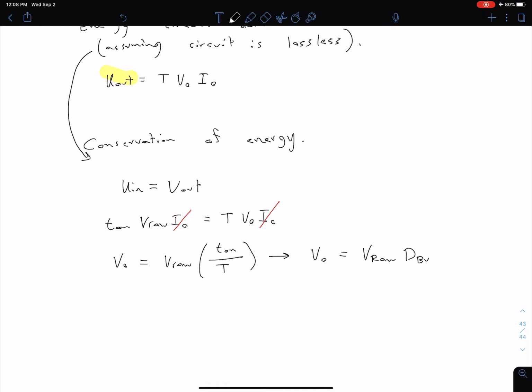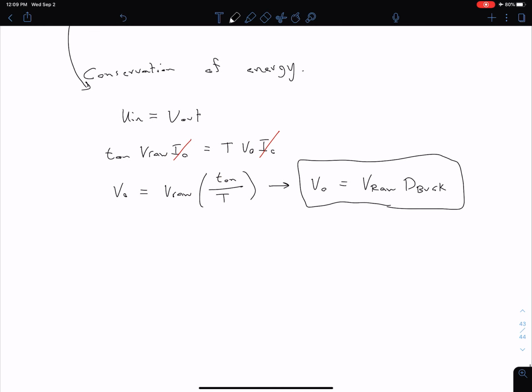And so basically what this shows us is that we had already written this equation before, but now we've sort of proved it. So if we're assuming a lossless circuit, then we can set our output voltage just by choosing the duty cycle for that switching waveform. One thing to note, based on this definition of our D_buck being T_on over T, our D_buck is always going to be less than 1.